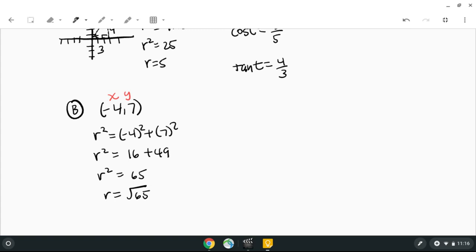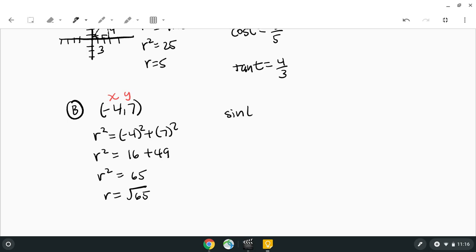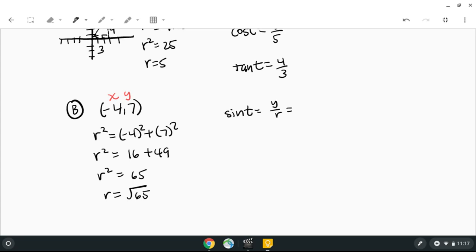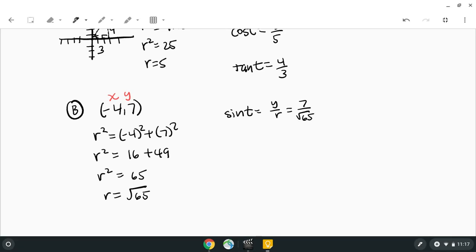Okay, and we'll just leave it like that. All right, so we know the x, the y, and the r. And we know that sine is y over r, so that's going to be 7 over square root 65.